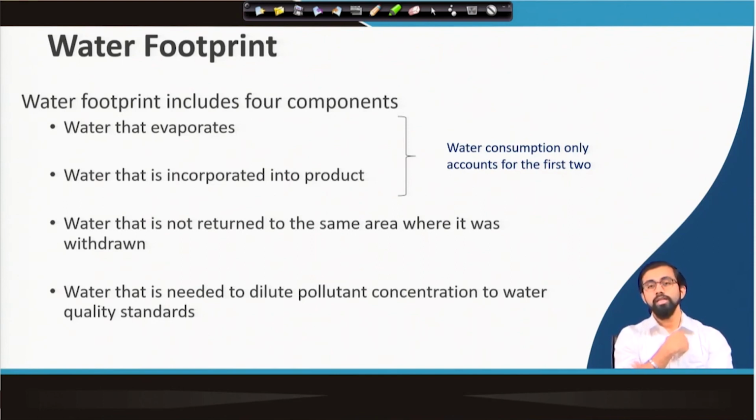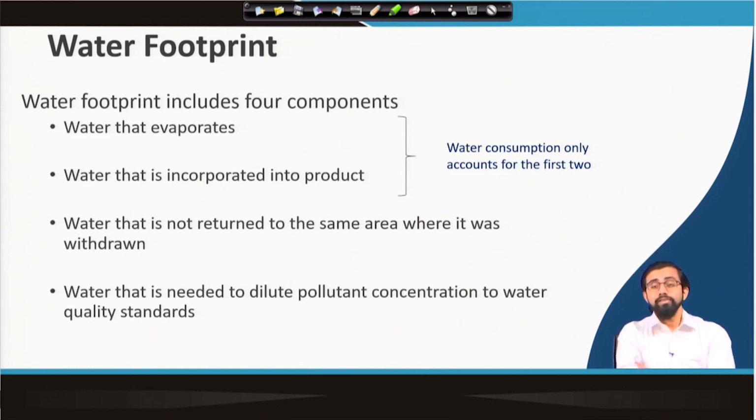Say in the Indian perspective, it's the Central Pollution Control Board, or the Namami Ganga mission. They have also started having their own rules and regulations that are mandatory for all the grossly polluting industries to follow when they discharge their wastewater into the Ganga basin and all.